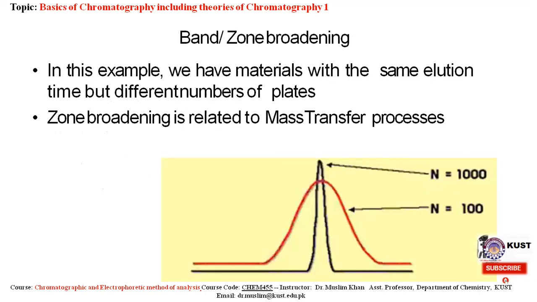The next is band broadening or zone broadening. Like in this example, we have material with the same elution time but different number of plates. Zone broadening is actually related to the mass transfer processes.